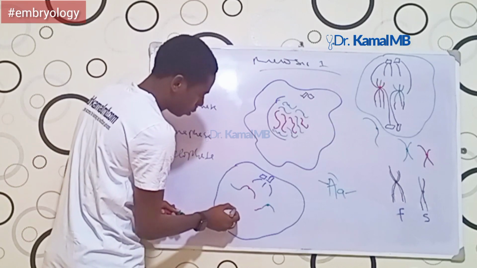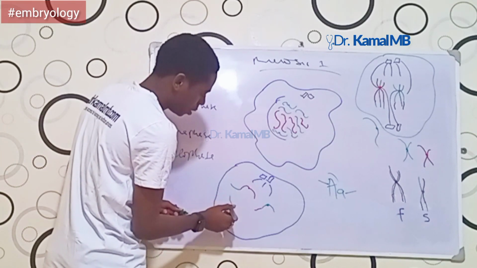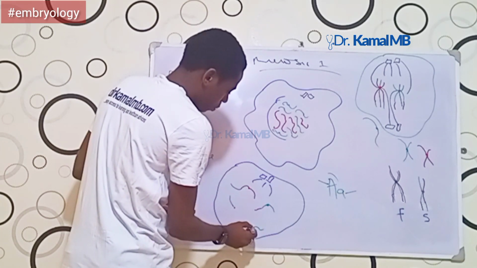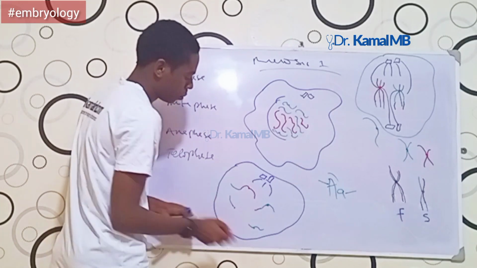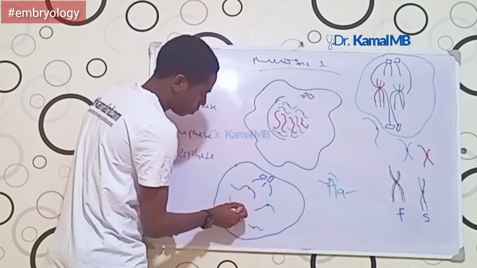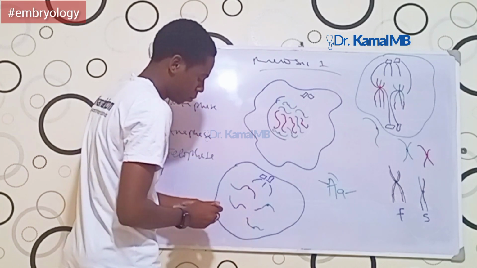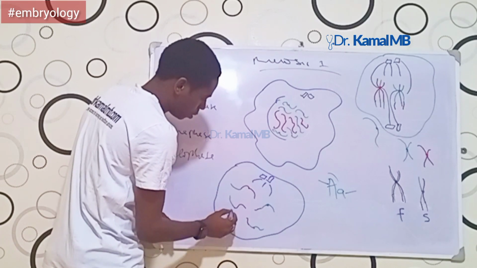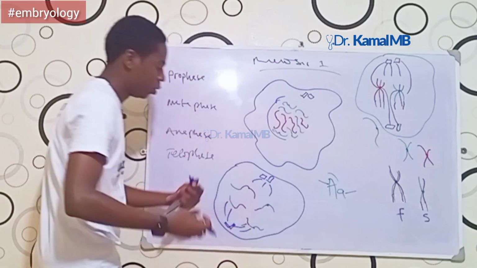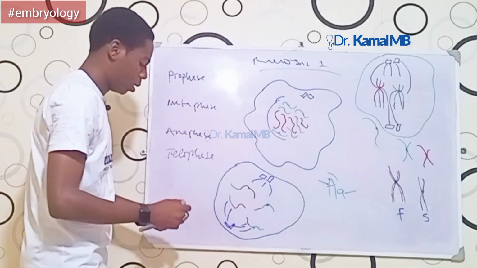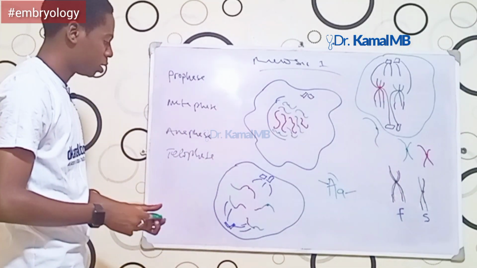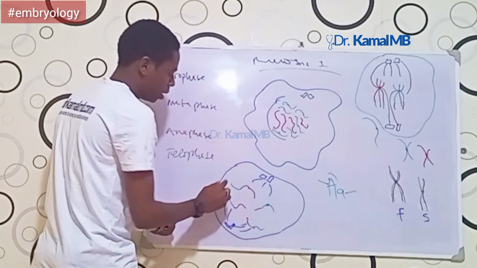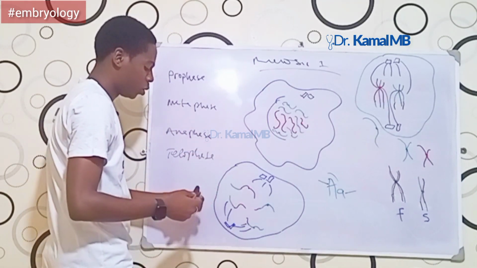And from here also the same thing. So the same thing. So now they will be pulled apart. After the pulling apart, the next step, which is the telophase, this cell will now separate from one another, forming two daughter cells.